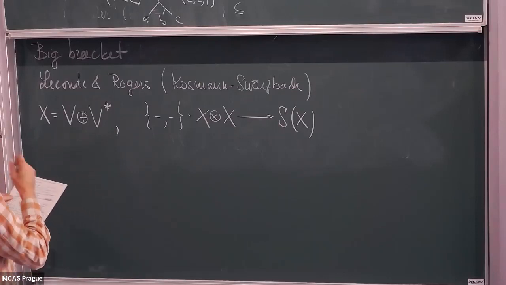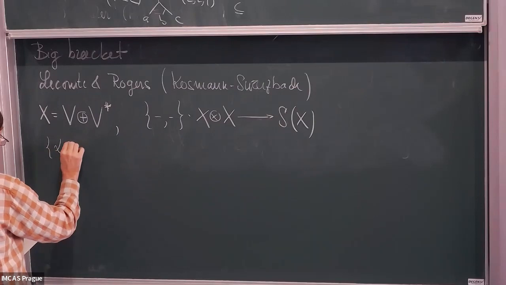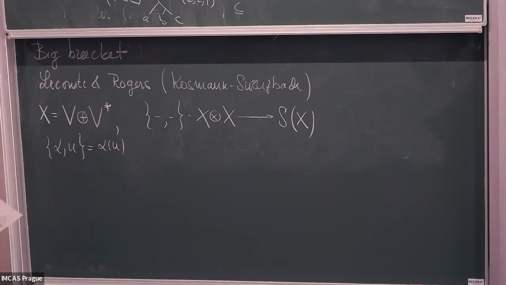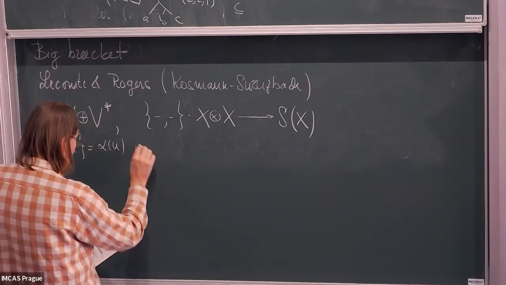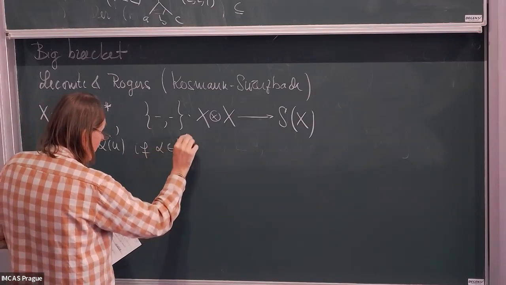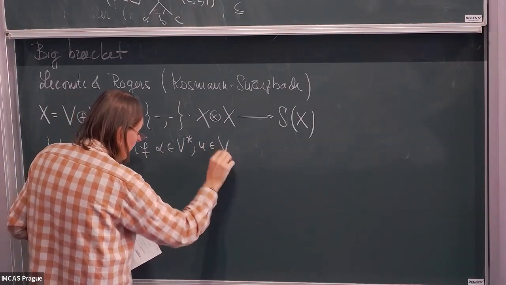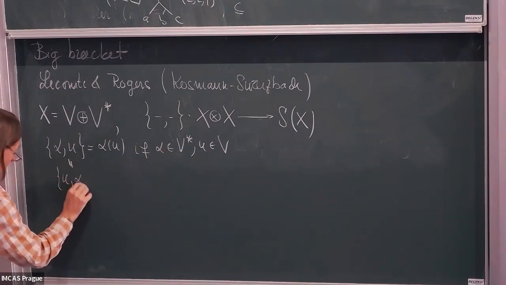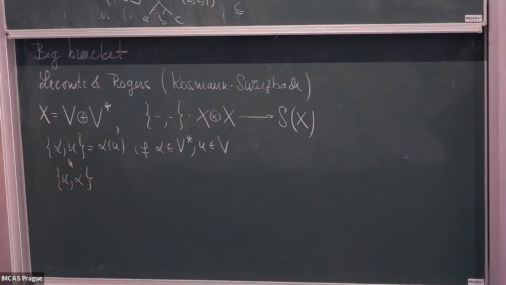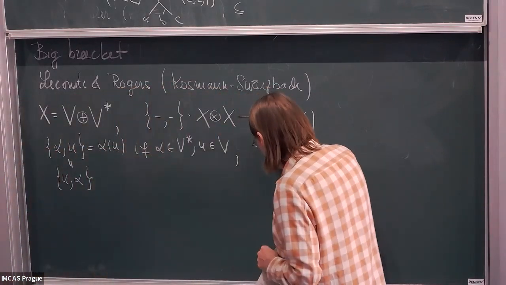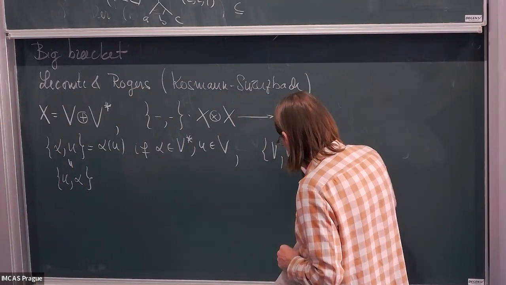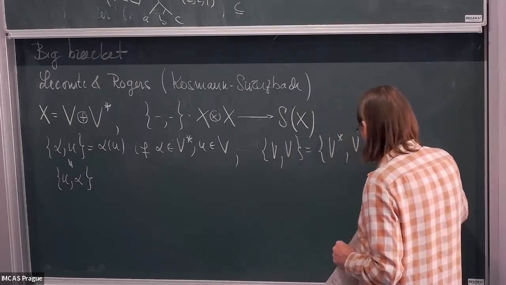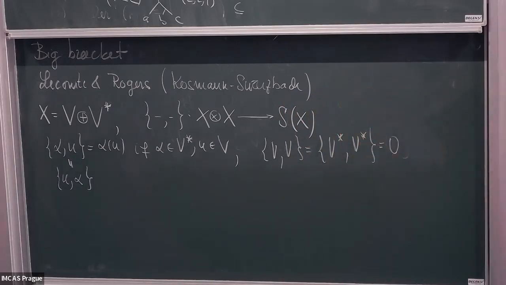And how is it defined? It's defined by: alpha u is alpha evaluated at u if alpha is from V star and u is from V, which is also modulo signs, which I didn't mention; and on V with V, and V star with V star, it is 0. So it is given by the natural pairing.